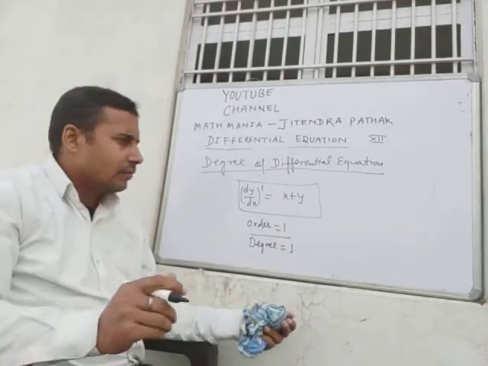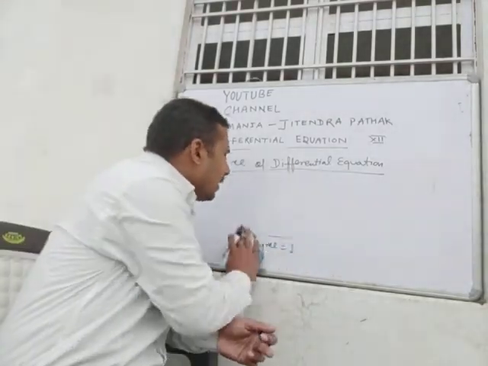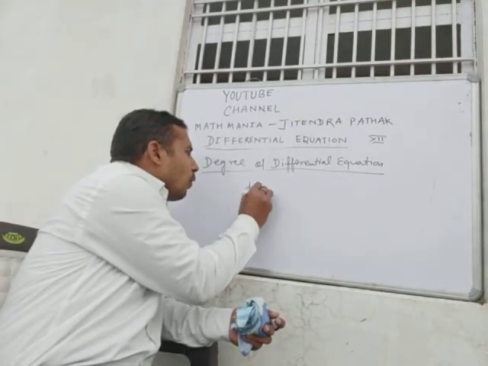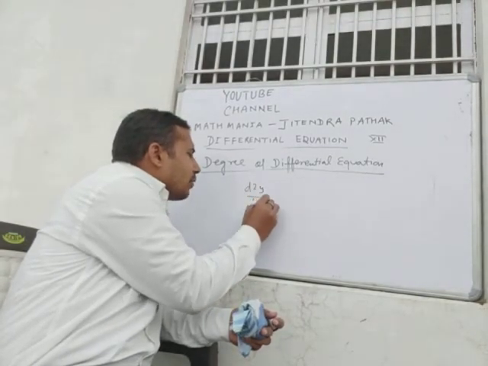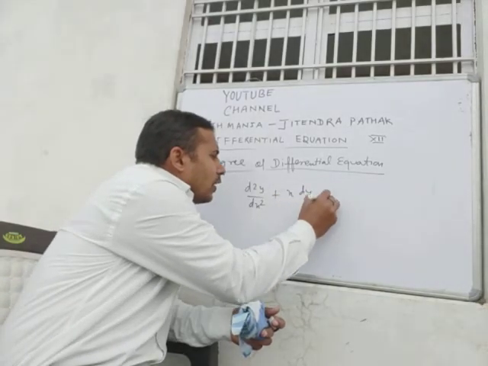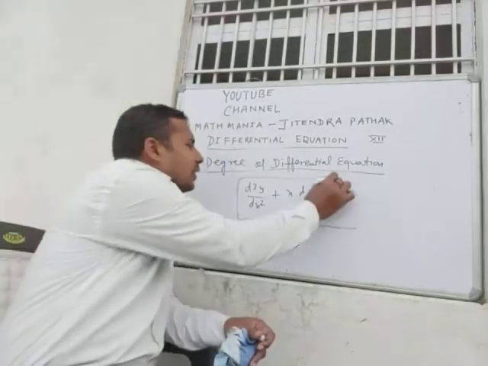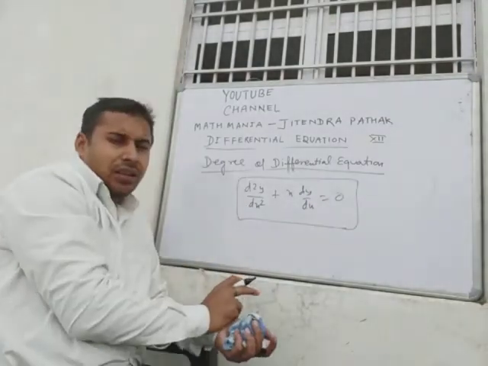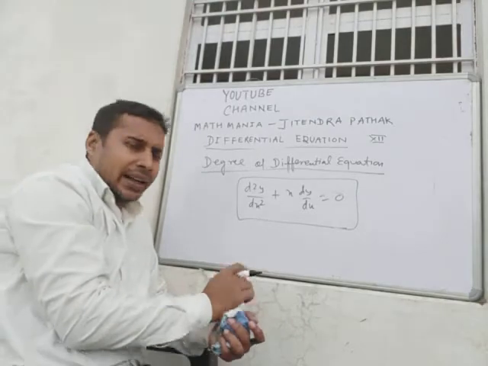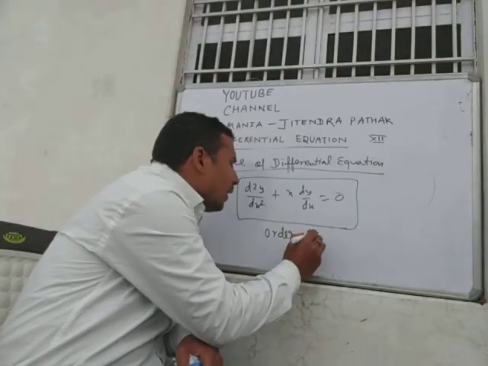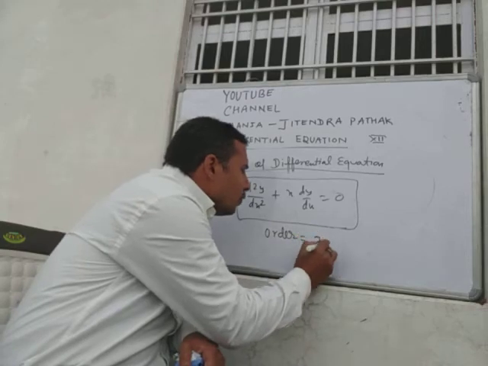Suppose that any equation, another example, suppose that d2y upon dx square plus x dy upon dx equal to 0. This is another differential equation, and this equation containing order is 2.